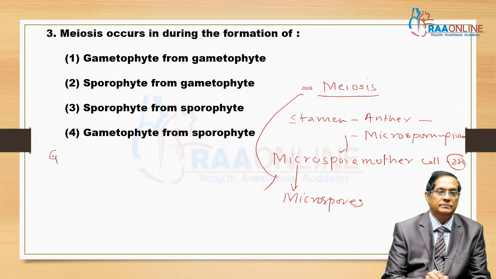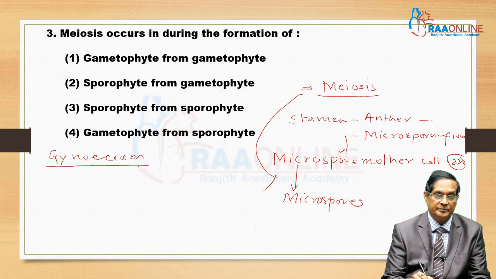In the gynoecium, the second structure in which meiosis is seen, the units are carpel or pistil. There are three parts of a carpel or pistil.